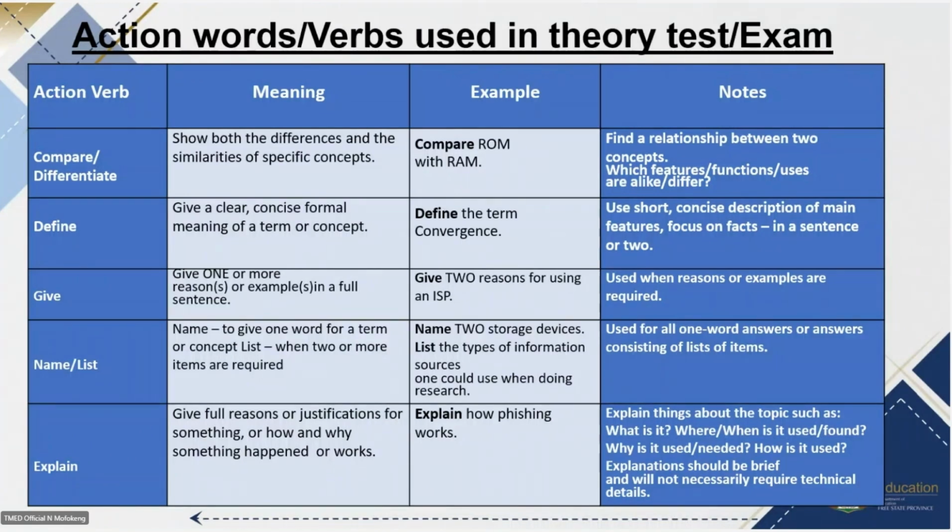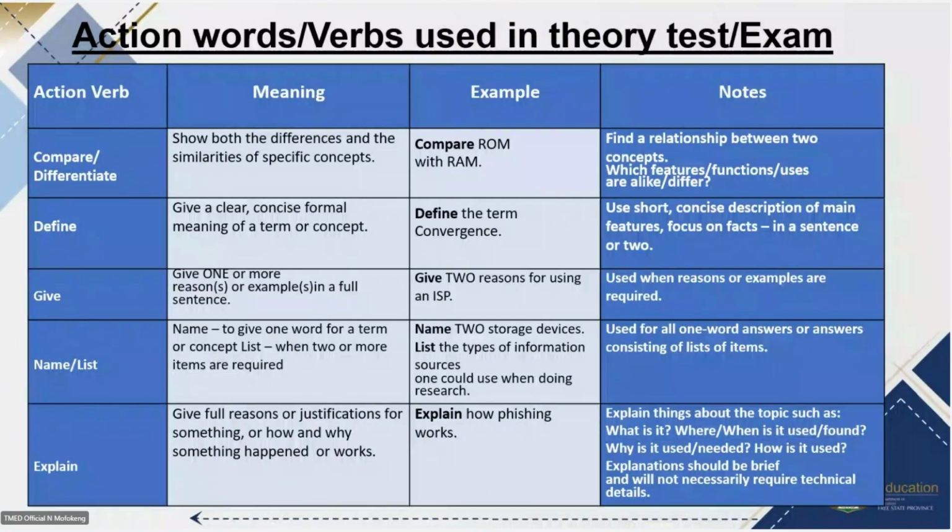Meaning you'll have two sentences, which will be the two facts, not two sentences of one fact. Now, if the question says give, for an example, give one or more reasons or examples in full sentences. Give two reasons for using an internet service provider, where reasons or examples are required.